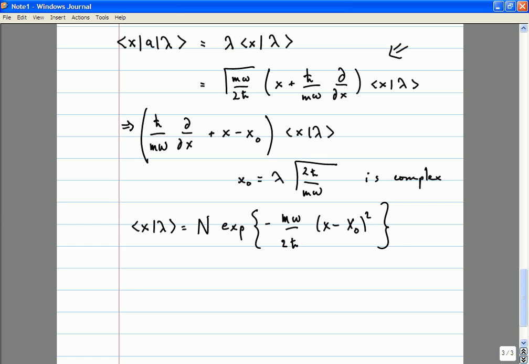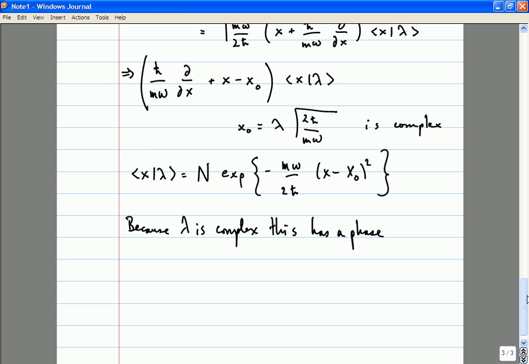But because lambda is complex, this state has a phase which varies as a function of x, and in particular, it goes like e to the i k x, where k is just the imaginary part of the quantity in the exponential, so it's m omega over h bar times the imaginary part of lambda. Just plugging in all of those definitions here.